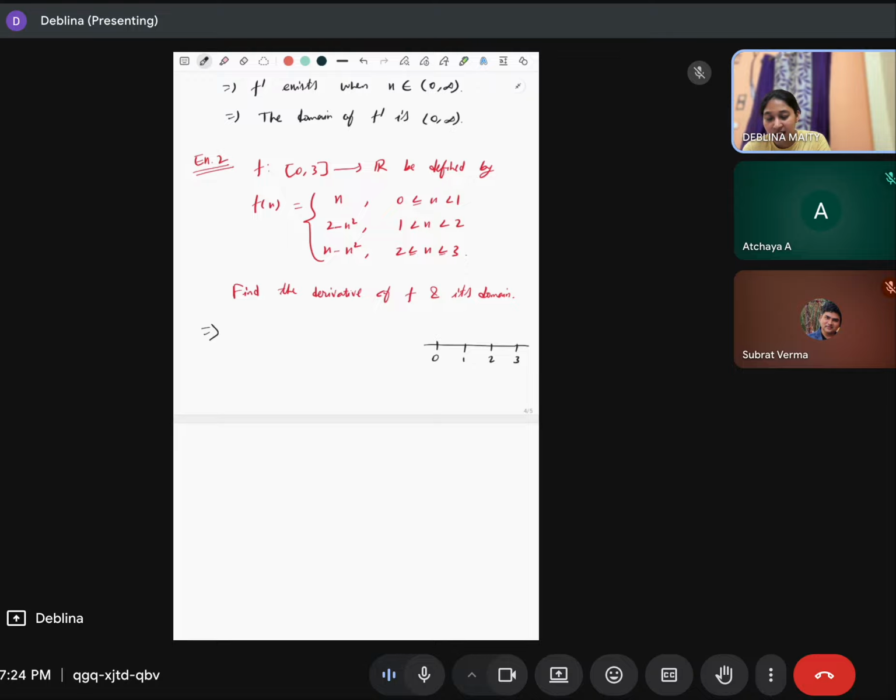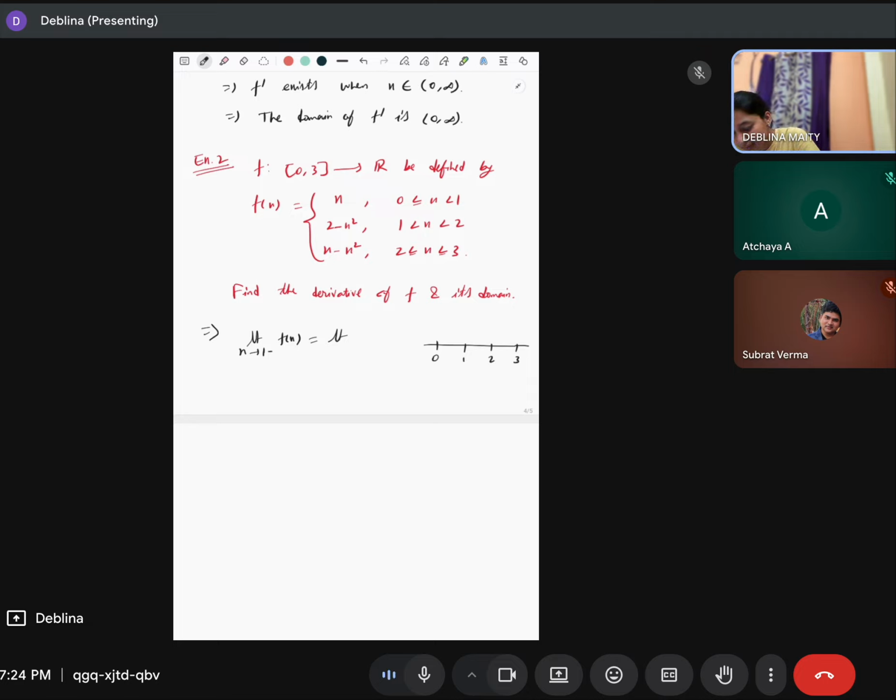For 0 it is only from the right, and for 3 it is only from the left. So at the points 1 and 2 we have to find the limit as x goes to 1 minus of f(x), and the limit from the right, and if these are equal and equal to f(1), then we'll say that f is continuous.